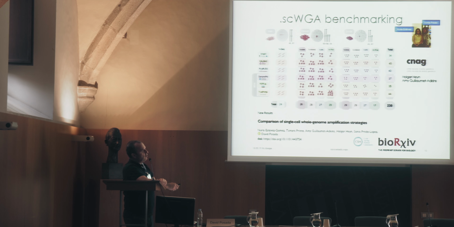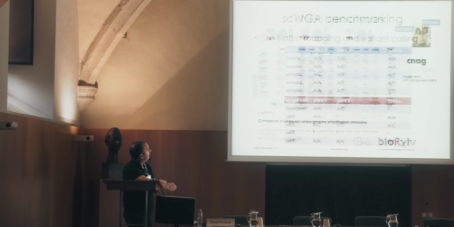There are different properties. I'm not going to talk about this. Some are more random for the coverage, some are less random. So it's all written here, it's open and you can see the technical details, right? The point is that there are some kits on the market that should be used depending on the question we want to address. Okay, and the answer is here.